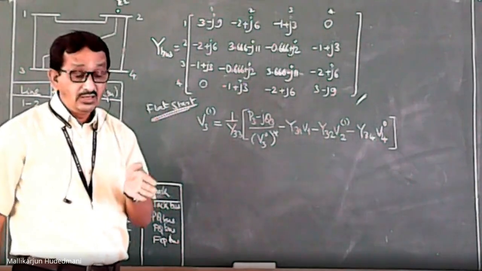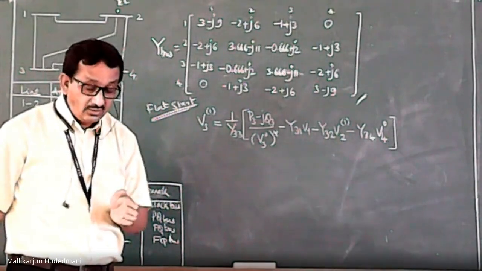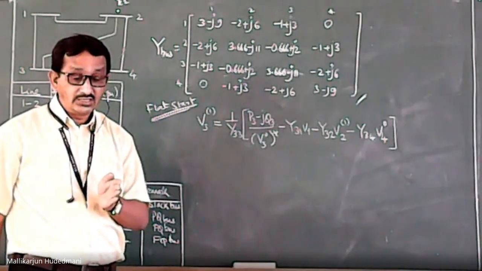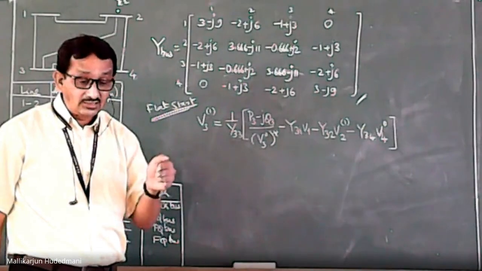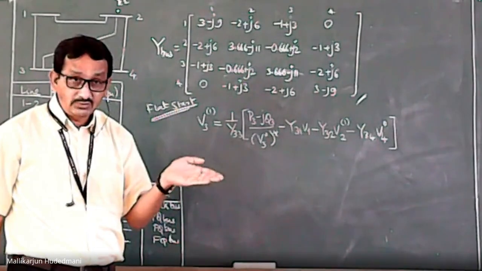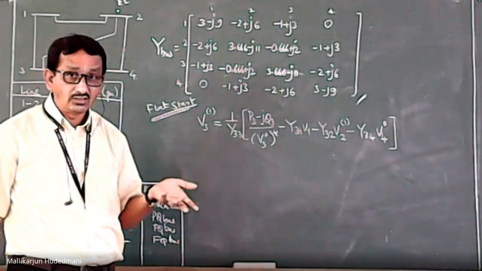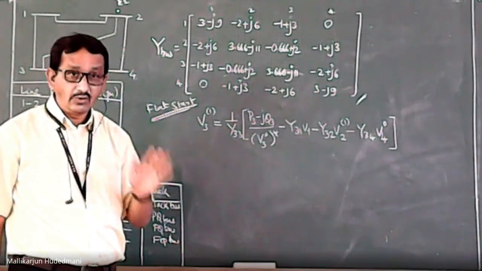It is nothing but, say I am at bus number 10. When I am solving for V10 of 1, the 10th bus voltage, the 9th is ready with me, 8th ready with me, 7th, 6th, 5th, 1st, are they ready or not? They are readily available.